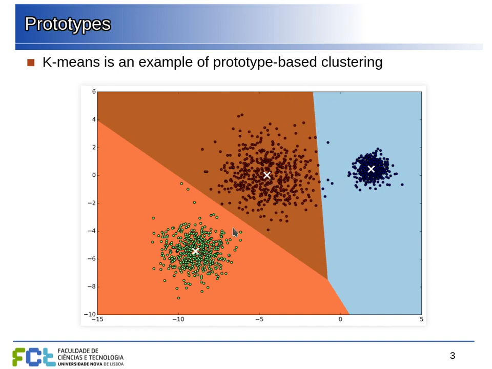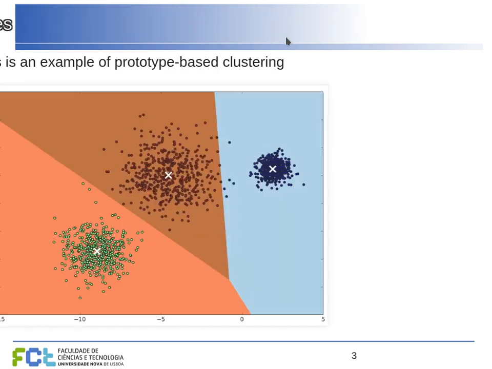And so each region is assigned to one cluster based on the distance between each point and the centroids. So each point in these regions is assigned to the cluster corresponding to the closest centroid. So these centroids are prototypes that represent the different clusters.